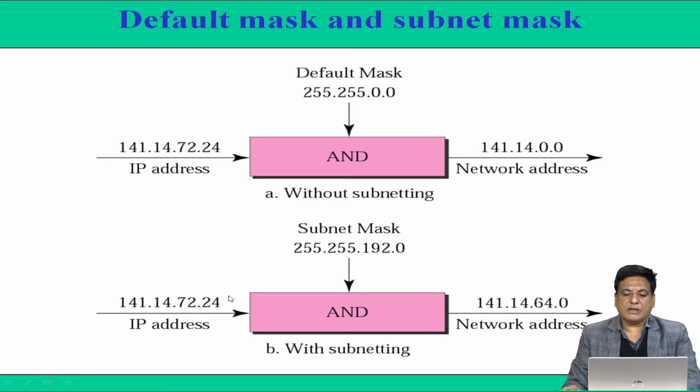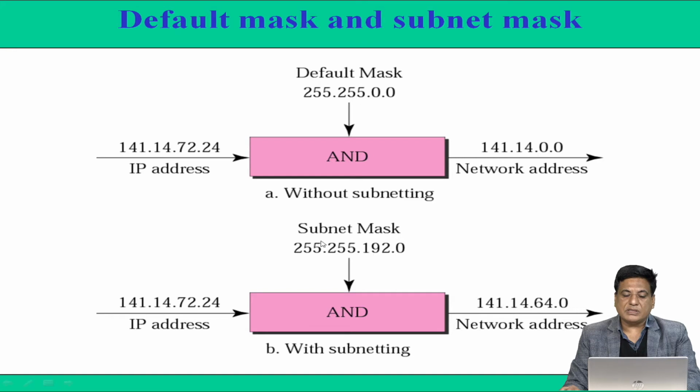In the second example, with subnetting, we are given one IP address that is again class B and we are given a subnet mask which is 255.255.192.0, which comprises more ones as compared to the default.